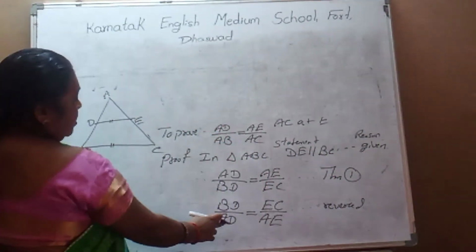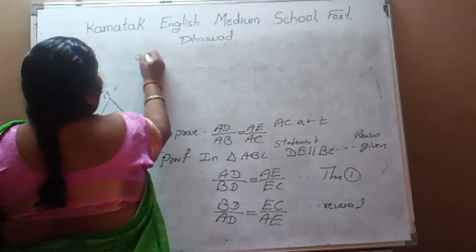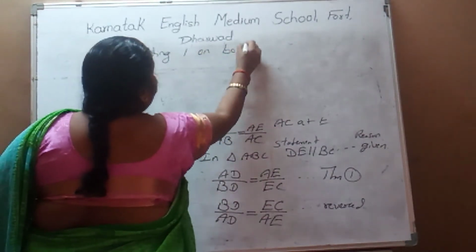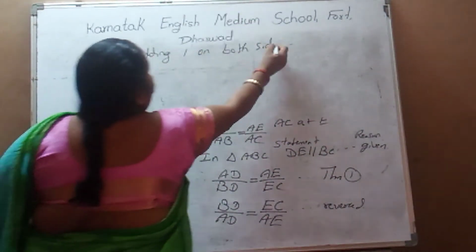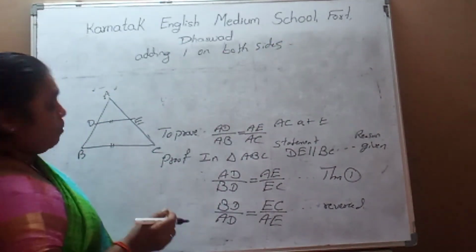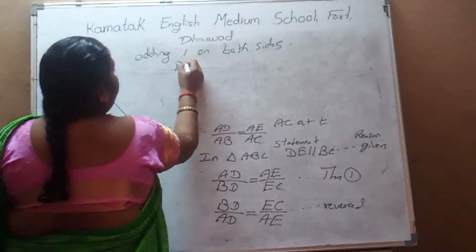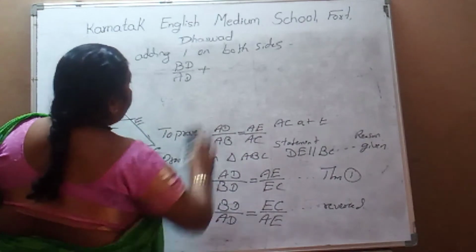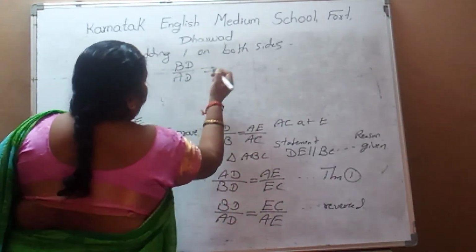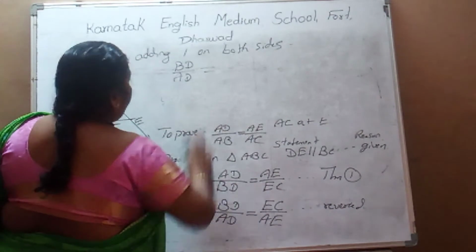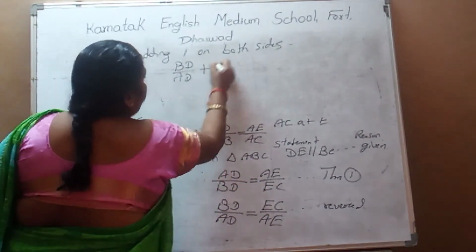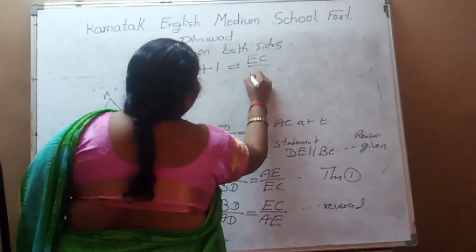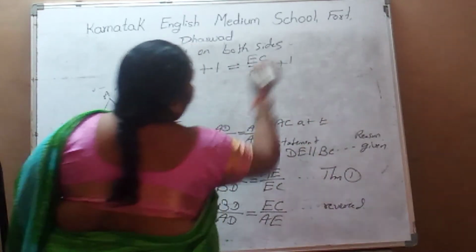So, adding 1 on both sides, BD upon AD plus 1 equal to EC upon AE plus 1.